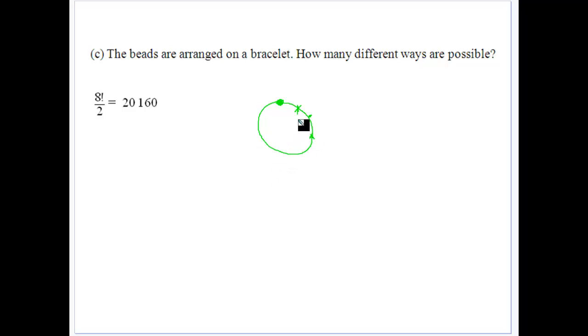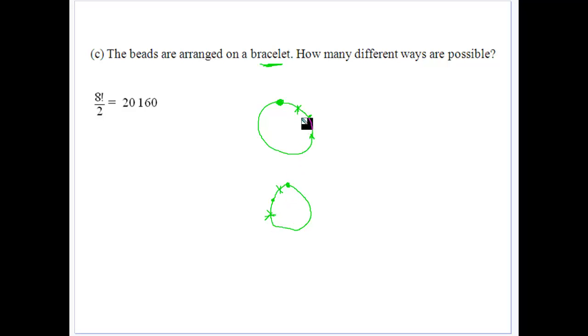But now with a bracelet, or a key ring or something like that, consider if you looked at it from one direction but then turned around and looked at it the other direction. So imagine we've turned it around and we're looking the other direction, so it starts to look a bit like that when we rearrange it.